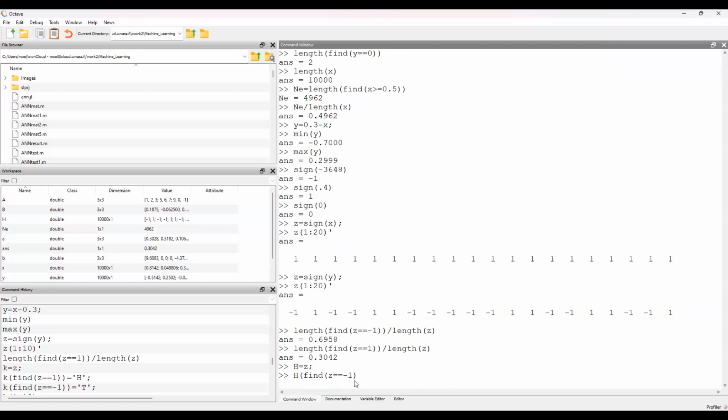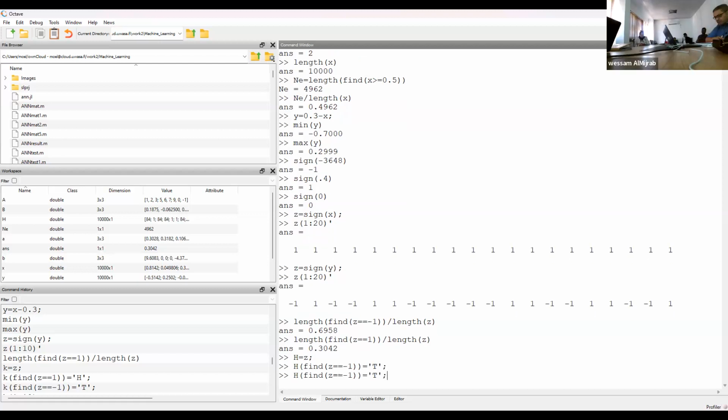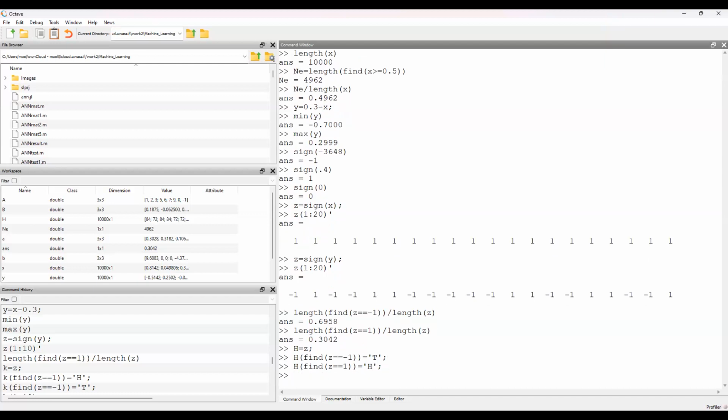This is the tail. Okay, this should be equal to tail. And the same for 1, this should be head.